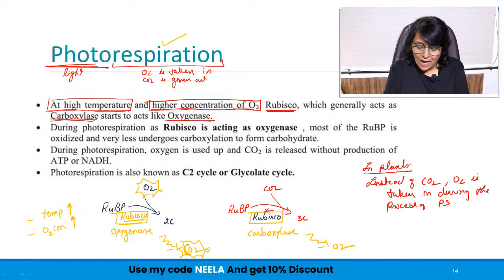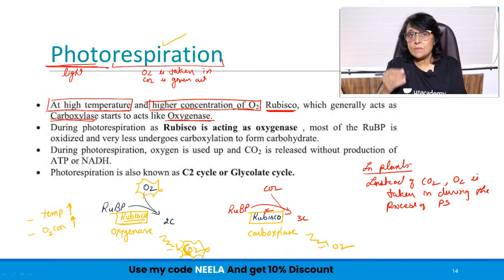From where is this carbon coming? This carbon is actually coming from some carbon compound which is in the plant. That means in photosynthesis, plant fixes carbon in the form of carbohydrate, whereas in photorespiration, carbon is released.